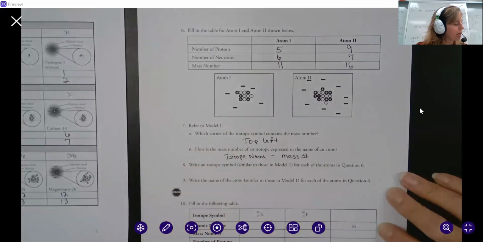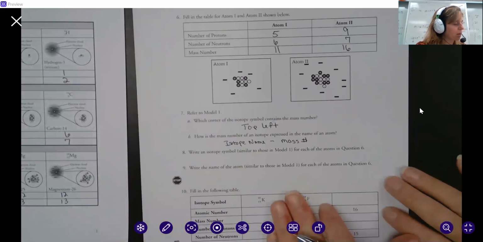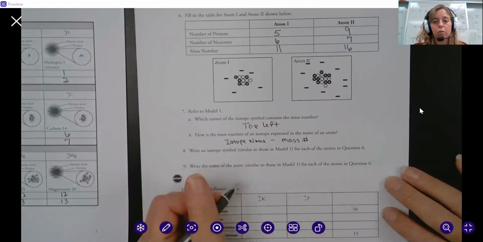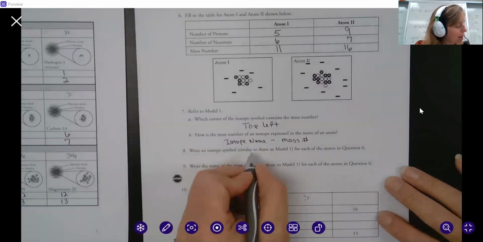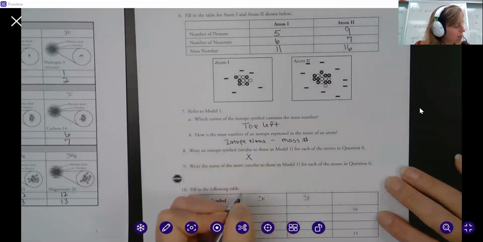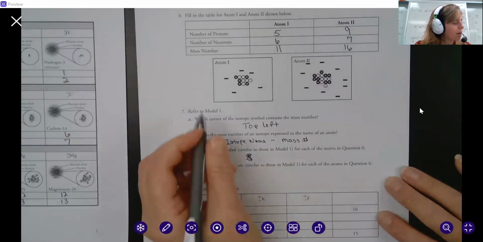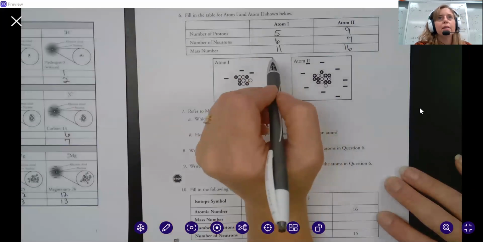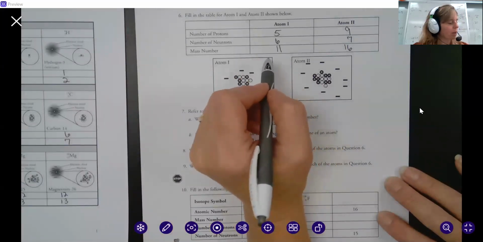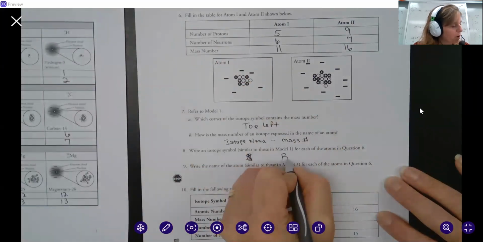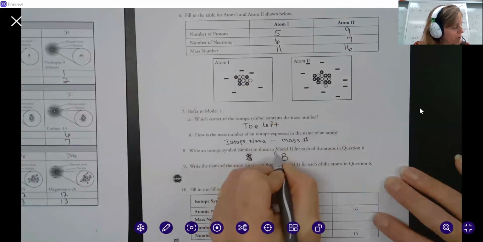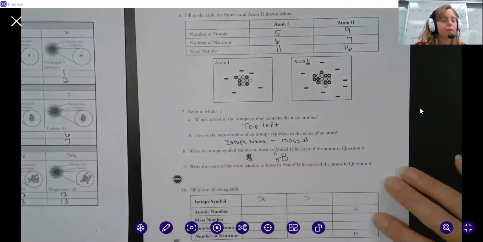Write an isotope symbol similar to those in Model 1 for each of the atoms in question 6. So you could go look up the atom for this, or you could even call it atom X. Let's just go ahead and identify it. If I know that it has 5 protons, that means I know what element it is if I look it up on the periodic table. So it's going to be boron, and it's going to have a mass number of 11 and an atomic number of 5.